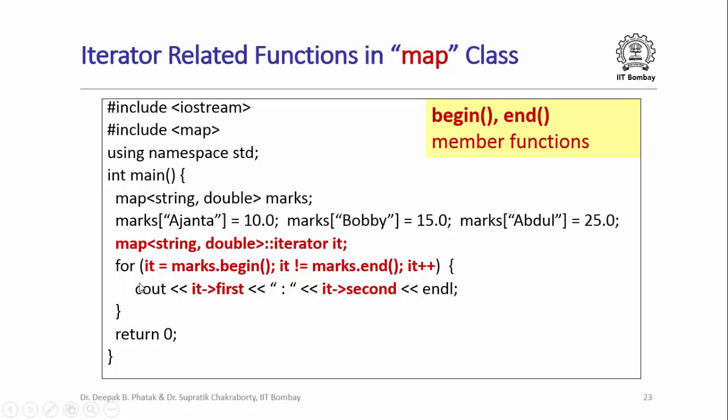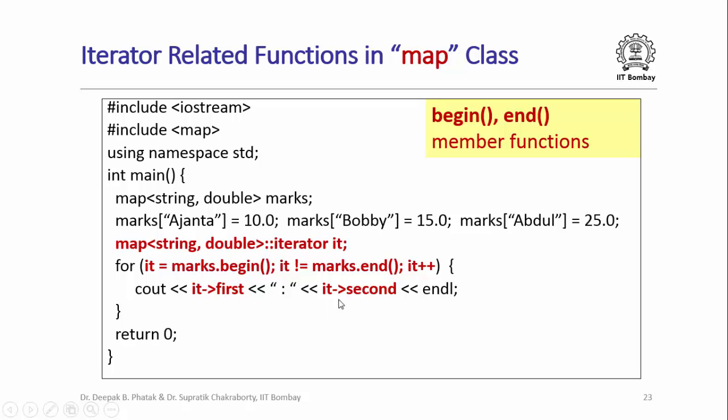And inside this for loop, what am I printing out? Recall that we had said that every object which is a map basically stores a collection of pairs, where the pair has two data members, first and second. The first is going to be the key, the second is going to be the value. So here basically I'm printing out the first and the second, which means the key and the value for the different key value pairs in map. And note also that IT is an iterator, so it's like a pointer.